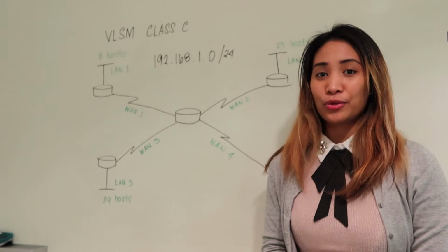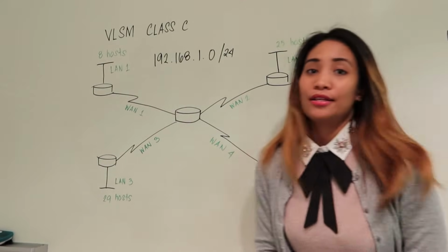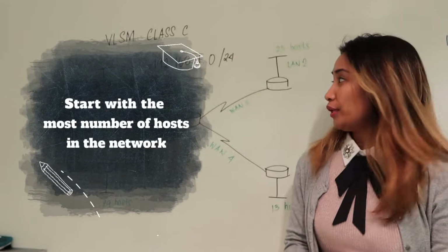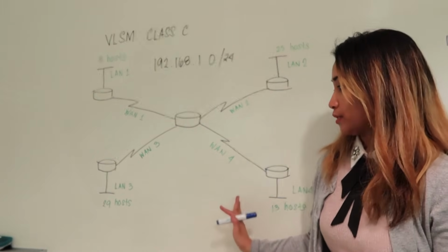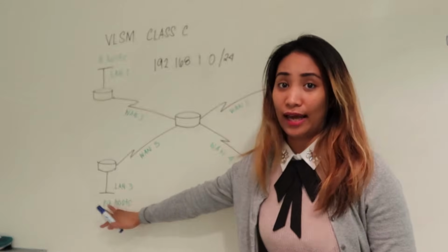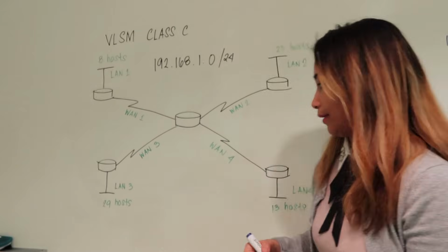Going back to the diagram, we are just going to look for the network that has the most number of hosts, and that's going to be this 29 hosts. So that's where we will start subnetting.